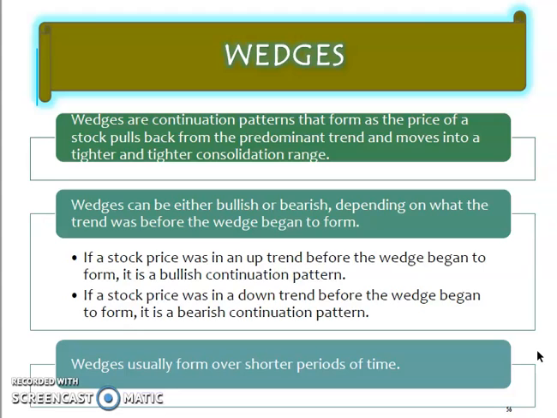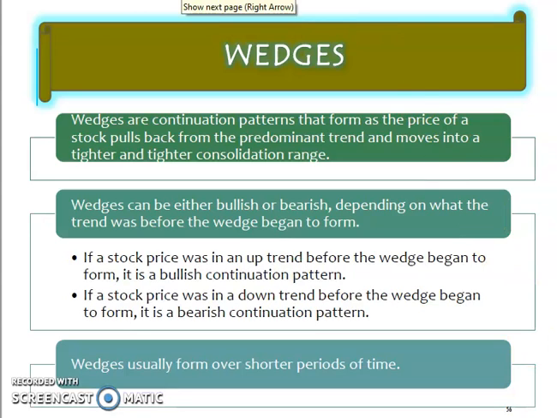So what is the main difference between wedges and pennants? A pennant will normally, before the price breaks, complete the pattern, and the support and resistance lines will meet. But for wedges, the price will not converge between the support and resistance.